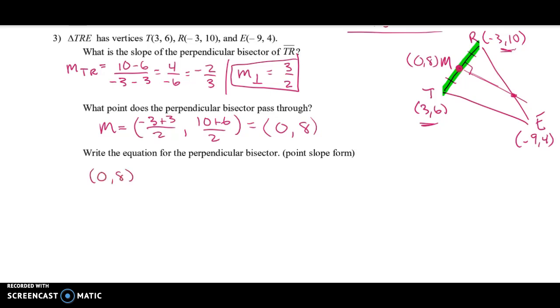And we do know the slope, it's that perpendicular slope we got up above. And if you pay attention to this, this is the y-intercept. Or you could put it in point slope formula and figure it out. But this is y equals 3/2 x plus 8. There it is.